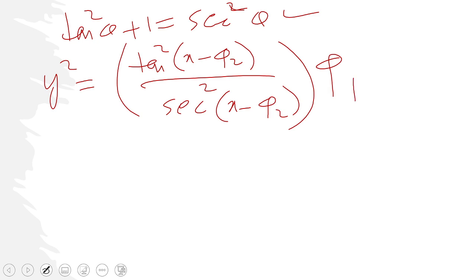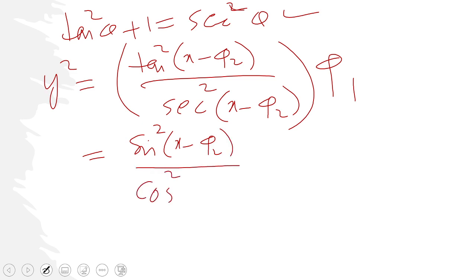Now tan is sine over cos, so it is sine square of x minus phi 2 over cos square of x minus phi 2, and the secant is one over cos square.